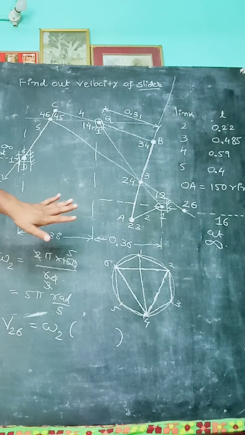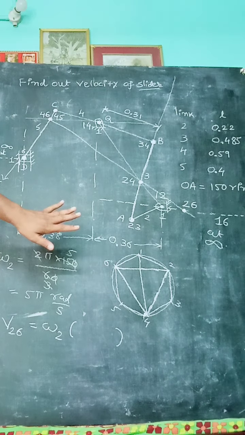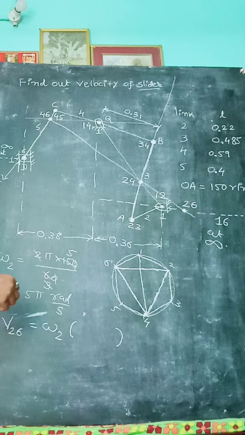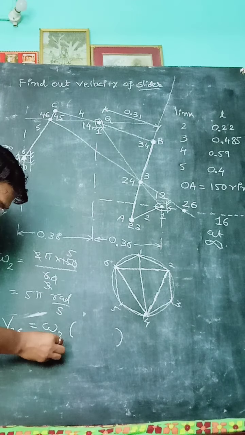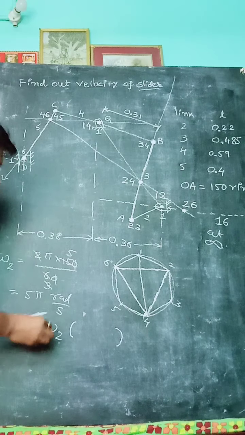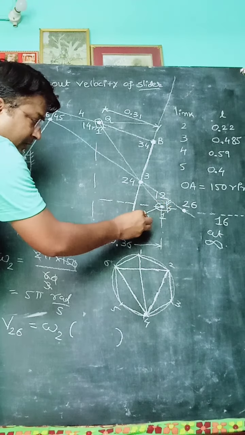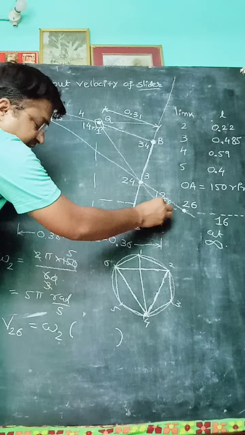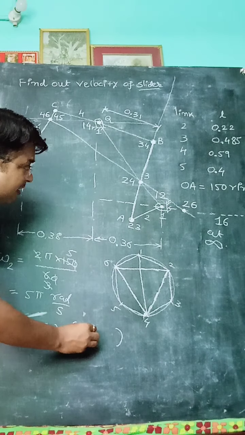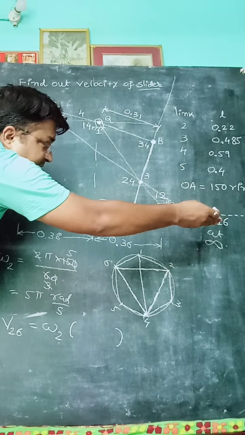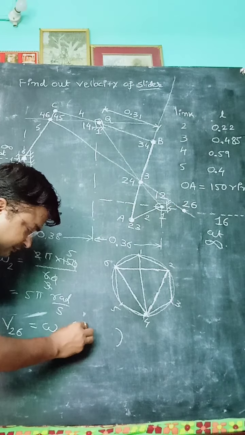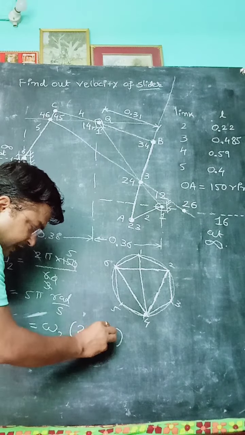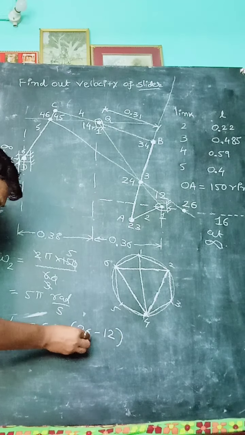So the instantaneous centers which are required are found, and now omega is with respect to 1. So on the right hand side it is positive. So 2 6 minus 1 2. Why 2 6?